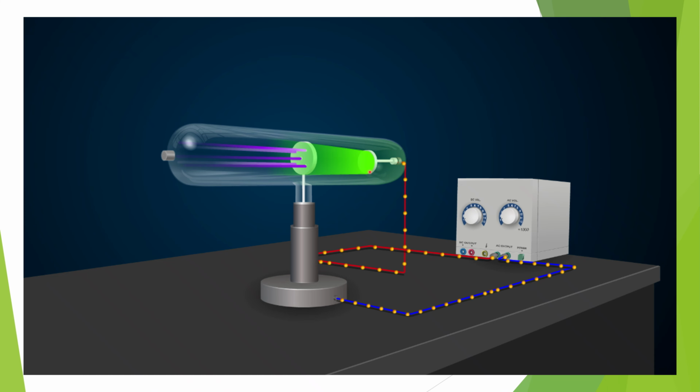It was a light greenish light which had mechanical properties when it passed through a perforated anode. So this picture can help you get an idea of the experiment where the voltage generator is being used to apply a high potential difference across the ends of the discharge tube.